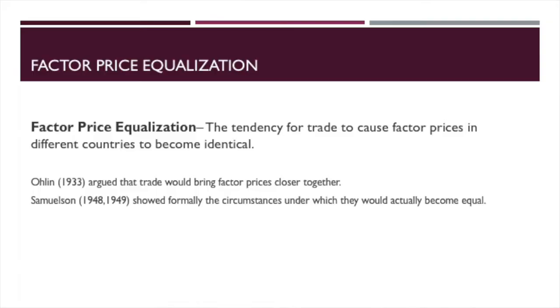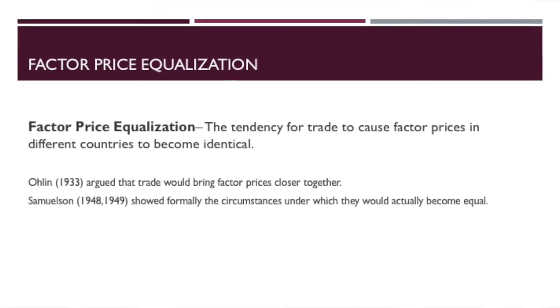What determines the patterns of trade we see between countries? Well, factor price equalization is an argument where two countries open up trade between each other, and then the prices, the value of the factors of production that go into each country's production and trade, begin to equalize.